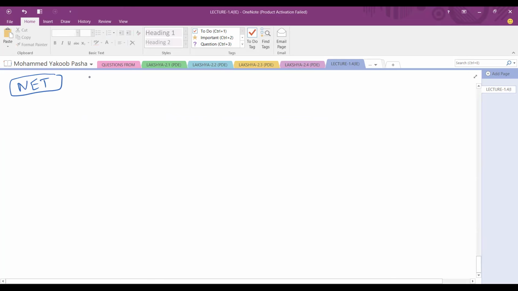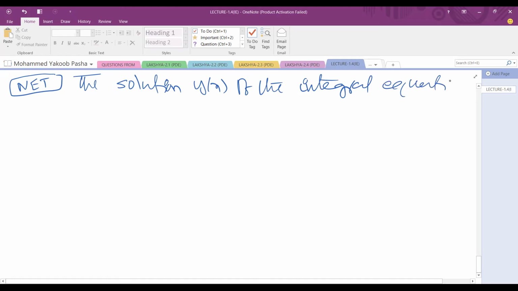The solution y of x of the integral equation y of x is equal to 1 plus integral 0 to x y of t dt.